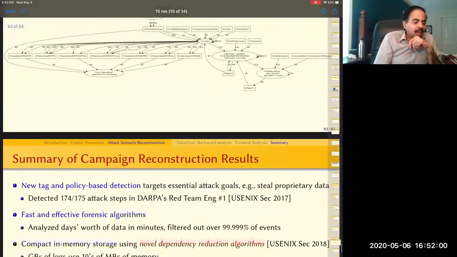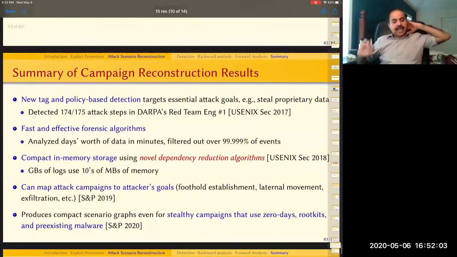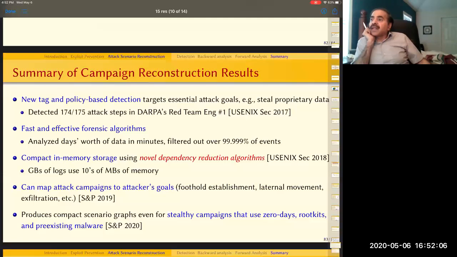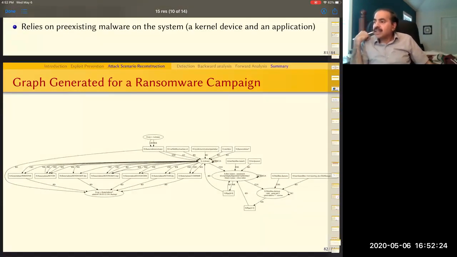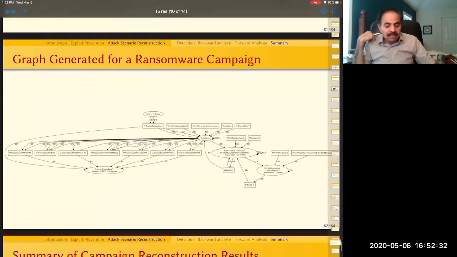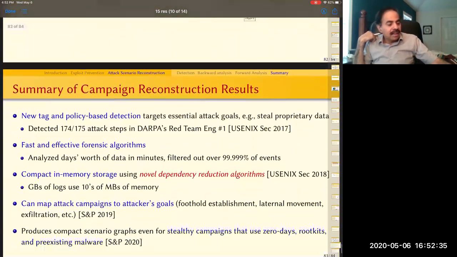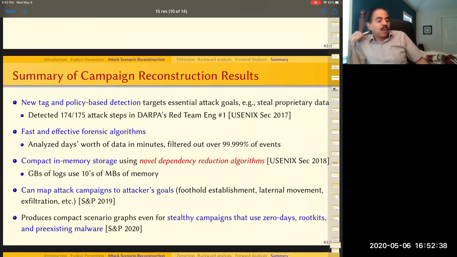Over the last few years, DARPA carried out 5 of these red team exercises, each of them lasting about a couple of weeks, where students from our lab would be monitoring this data and in real time constructing graphs like this and reporting back to the red team, and the red team grades them and gives them essentially a summary of how well they did.